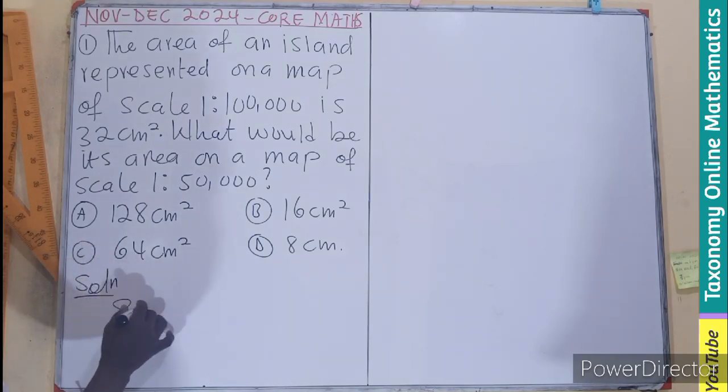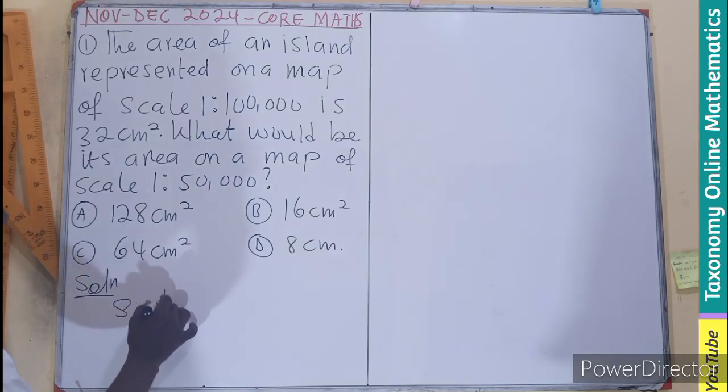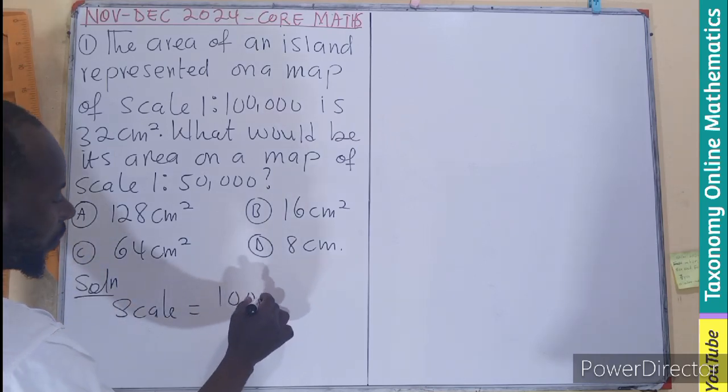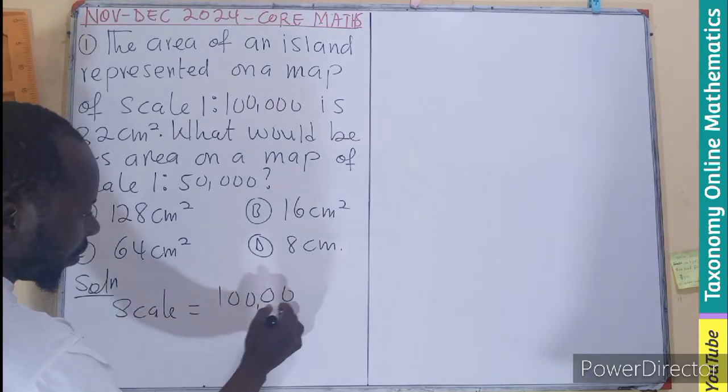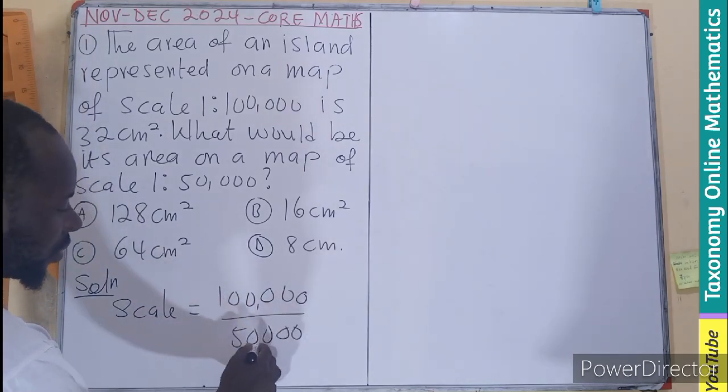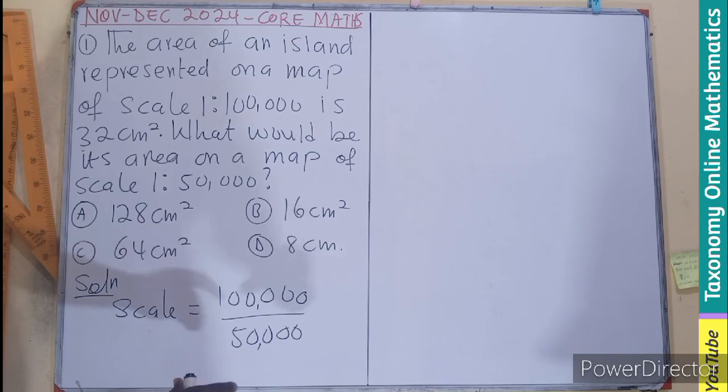The scale factor is going to be 100,000 divided by 50,000. This is the scale factor if you are looking for the length.